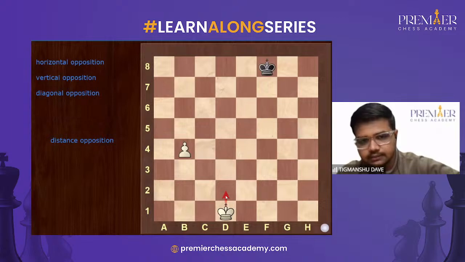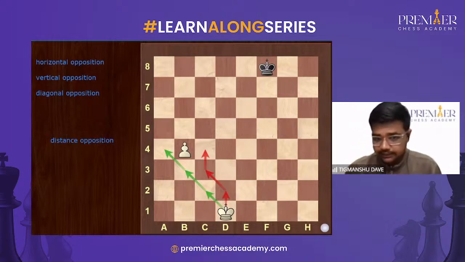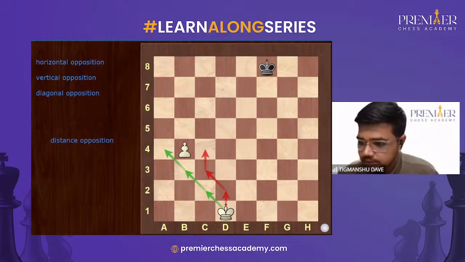Let's just say this path, king d2, king c3, king c4, or this path, king c2, king b3, king a4. What path should the white king take? A red one or a green one? You can just type down in the chat, red or green.